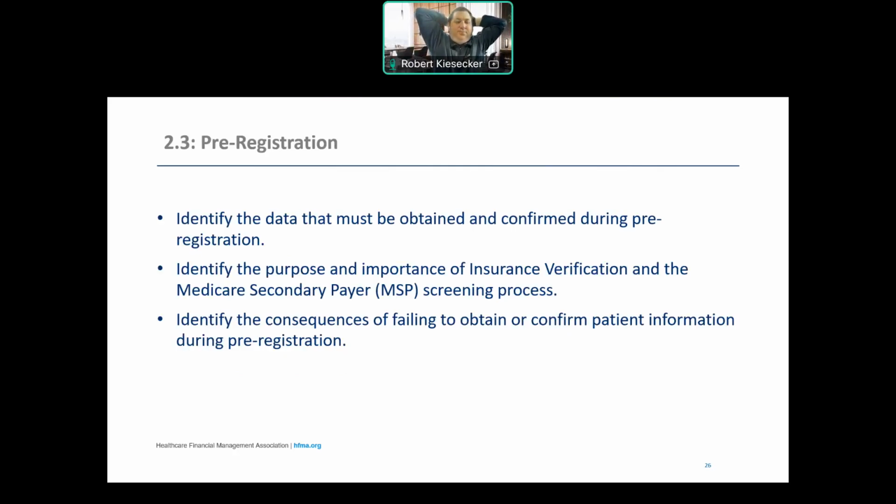Section 2.3, pre-registration. In this section, we will discuss the pre-registration purpose and process, information collected during pre-registration, consequences that an organization may experience due to inaccurate or incomplete patient information, and an overview of the Medicare secondary payer screening process.